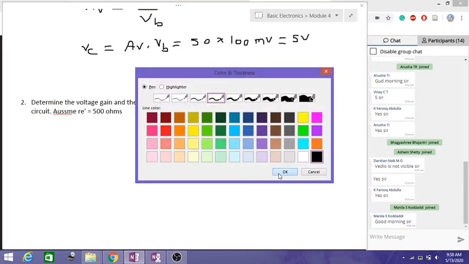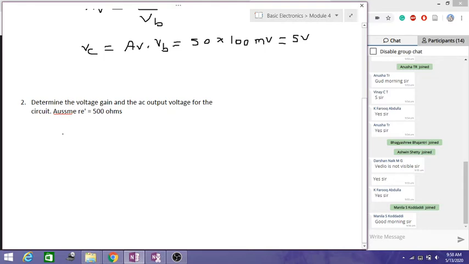The circuit is given like this in a common base configuration. So emitter is grounded here. Then we have the AC source, and that is driven by a DC supply here.